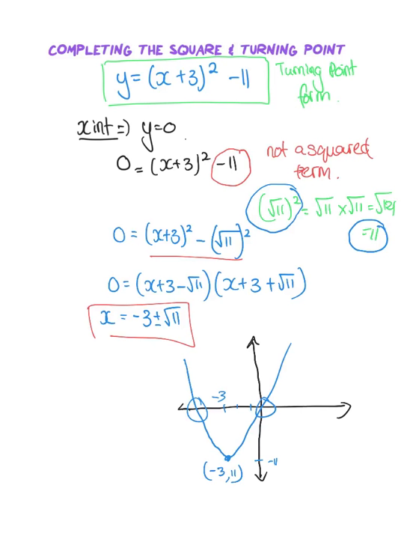One scenario will be that x equals -3 minus square root 11, and the other scenario will be when x is -3 plus square root 11. The square root of 11 is roughly 3, so they will both still be in the negative here. As long as you're showing that, if you wanted to show the coordinates, you simply write -3 minus square root 11, 0.